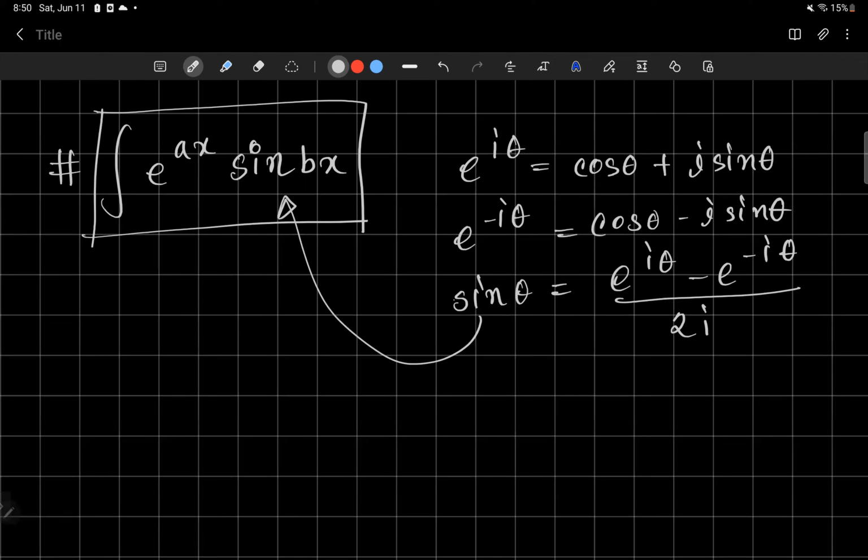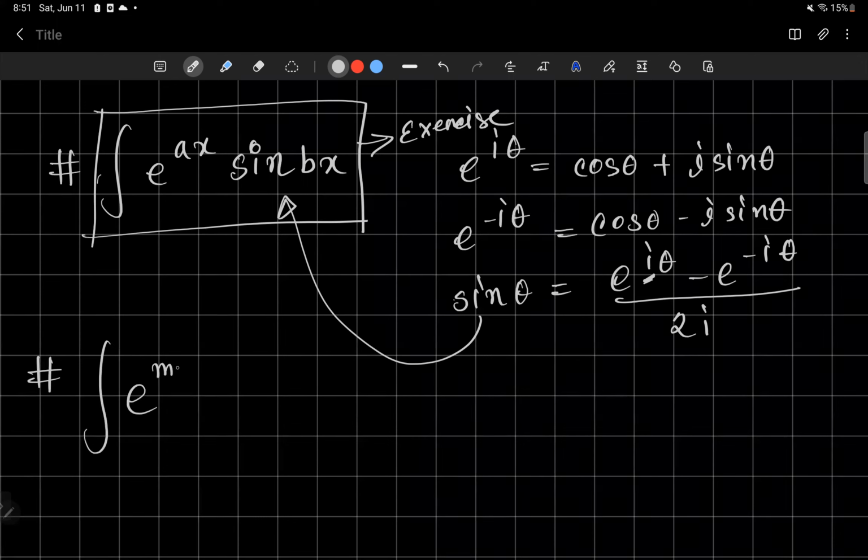Now you just plug this back. Instead of theta, you have bx, and then you multiply stuff and treat this i as a constant. If you do that, this becomes far easier. Or you can just integrate by parts. So this is one of the exercises that I wanted you to do, just so you really understand what you're doing.